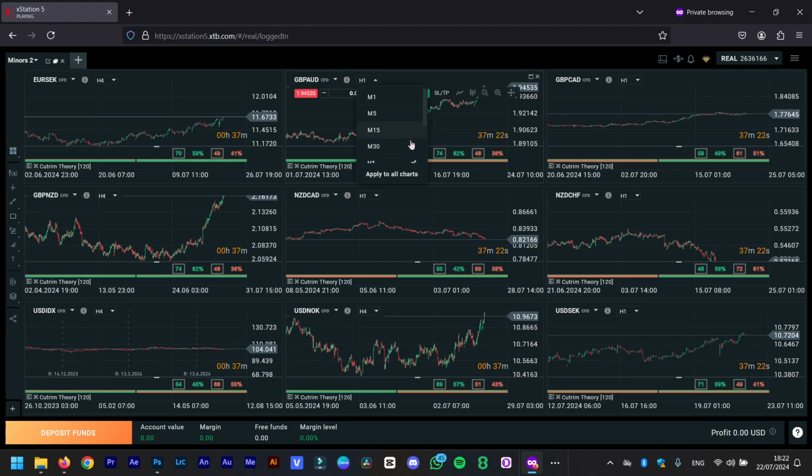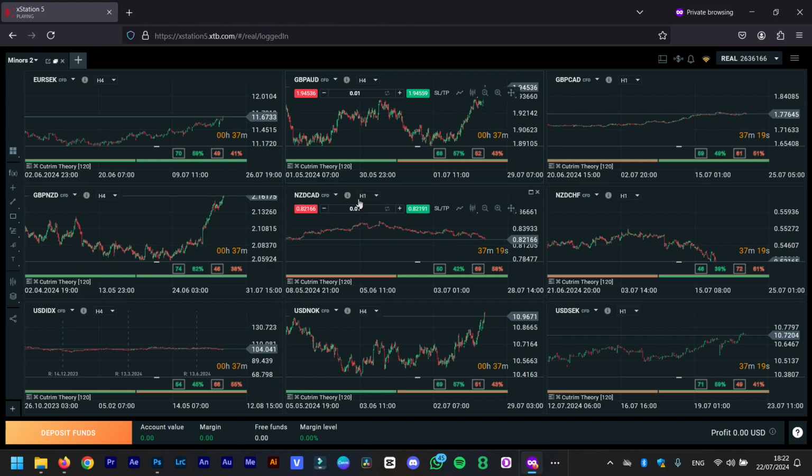I'm just trying to be more random here, because I'm not trying to open the same trades on different accounts at the same place.